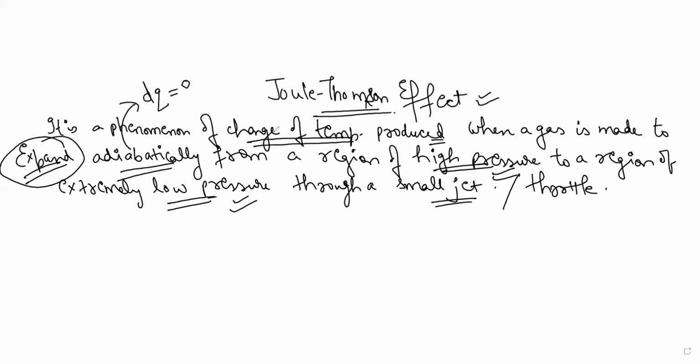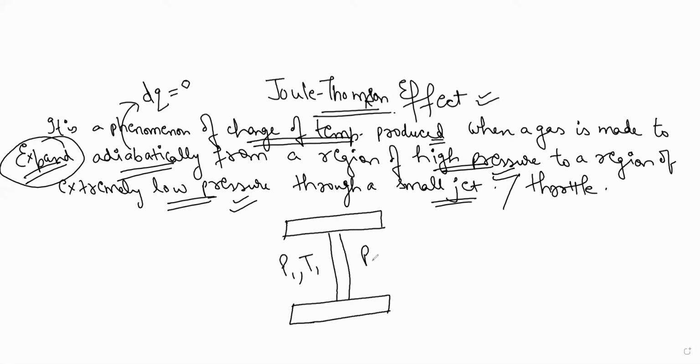Let us try to understand this concept with a diagram also. These are the conditions on the left side and right side of the throttle. This is the system that we have considered, and it is a perfectly insulated system.